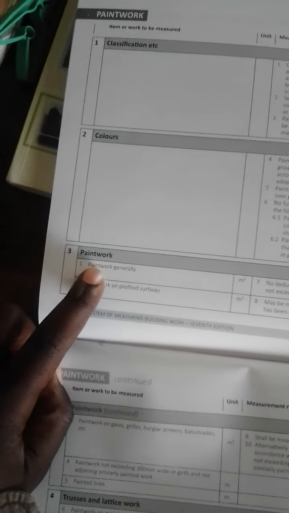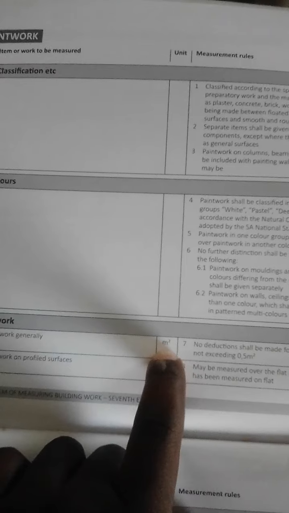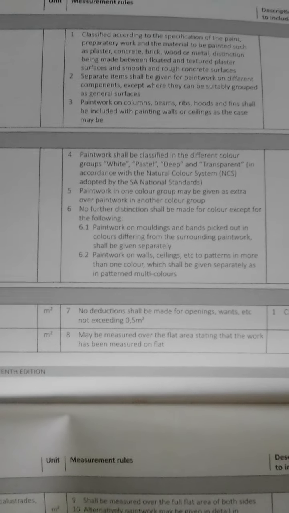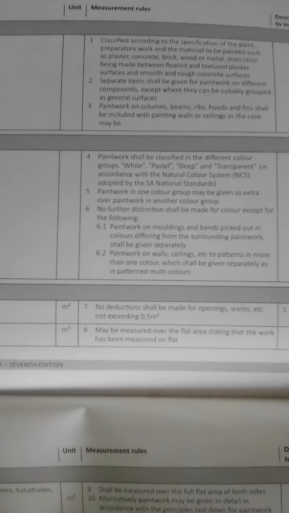Here, you come to clause number 3, paint work general. You are told that the unit of measurement, which is this column, is square meters. And it says no deductions shall be made for openings, ones, etc., not exceeding 0.5 square meters, and your description shall be deemed to include cutting in of edges.